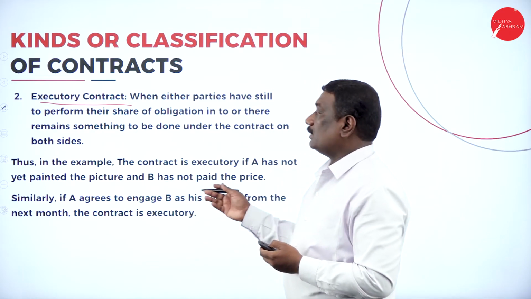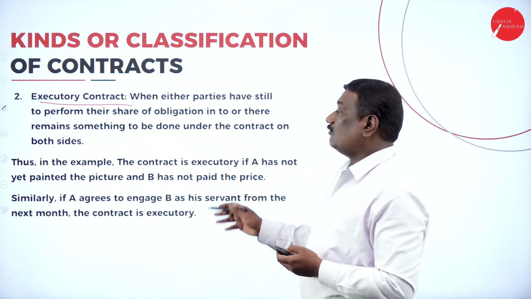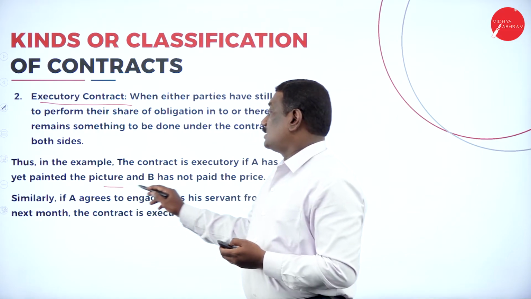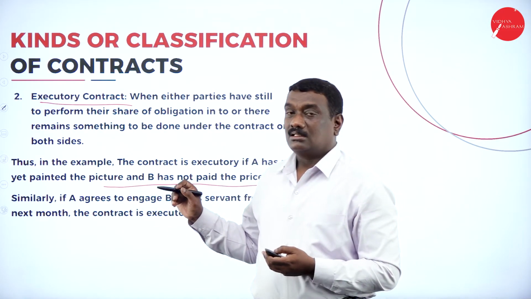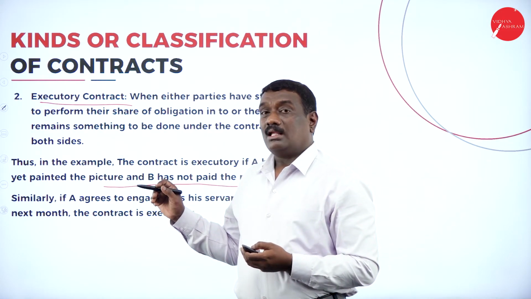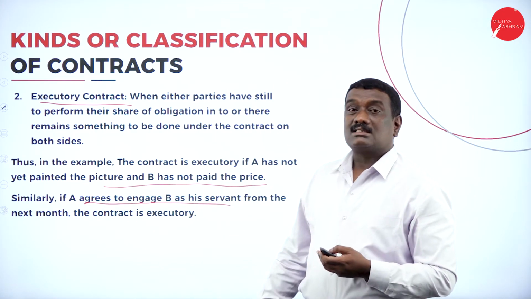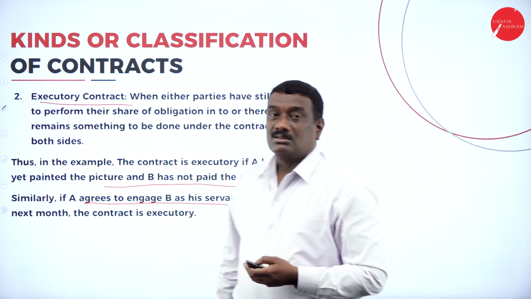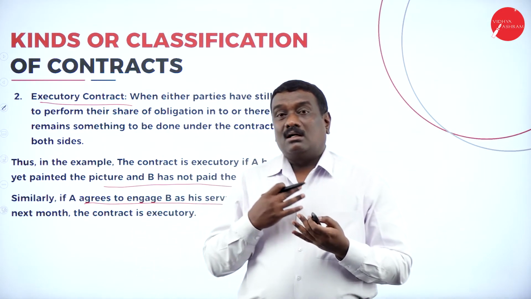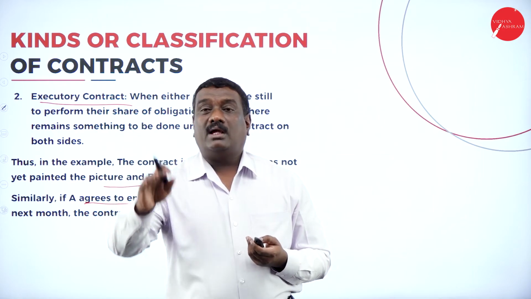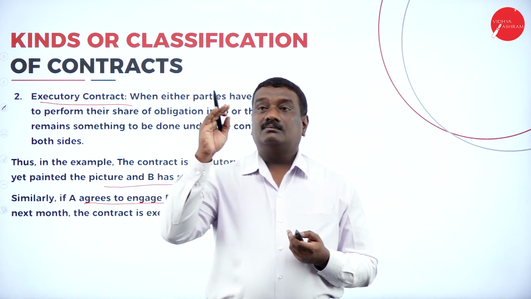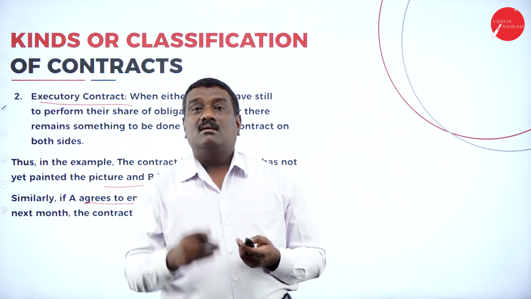So in this example, the contract is executory if A has painted the picture for B and B has not paid the price. So in that case what happens? What can he do? A can agree to engage B as a servant in his house. As I told you, I am asking my friend to paint and he is painting it and I will be paying him.